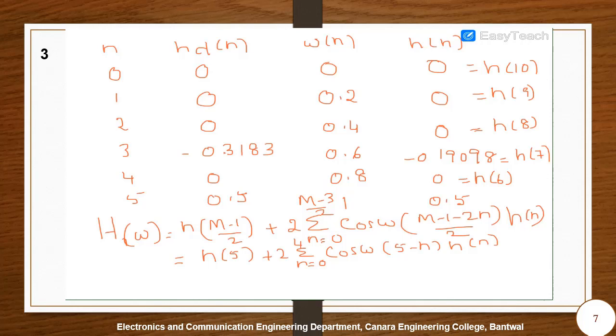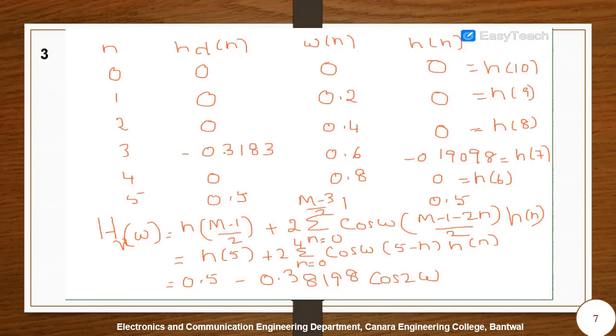So here we have h of 5 is 0.5 and only one value we have, that is h of 3. So we get this as 0.5 minus 0.38198 cos of 2 omega. This is the magnitude we have.